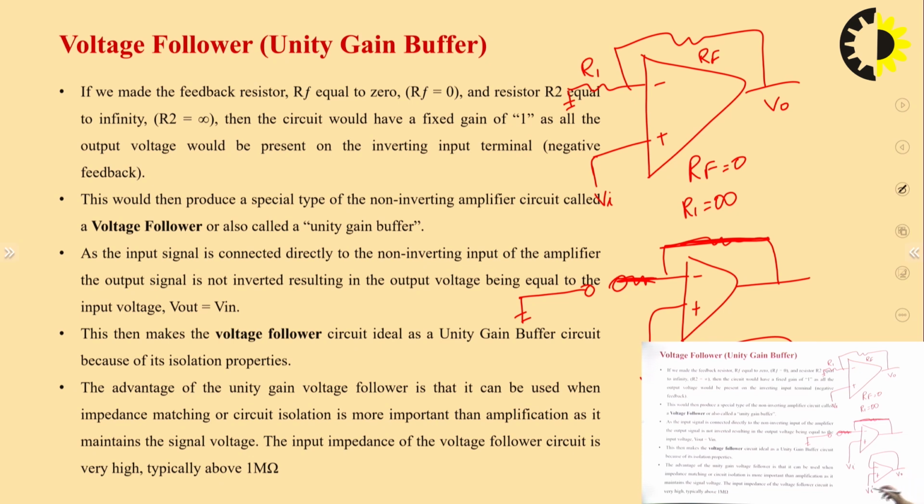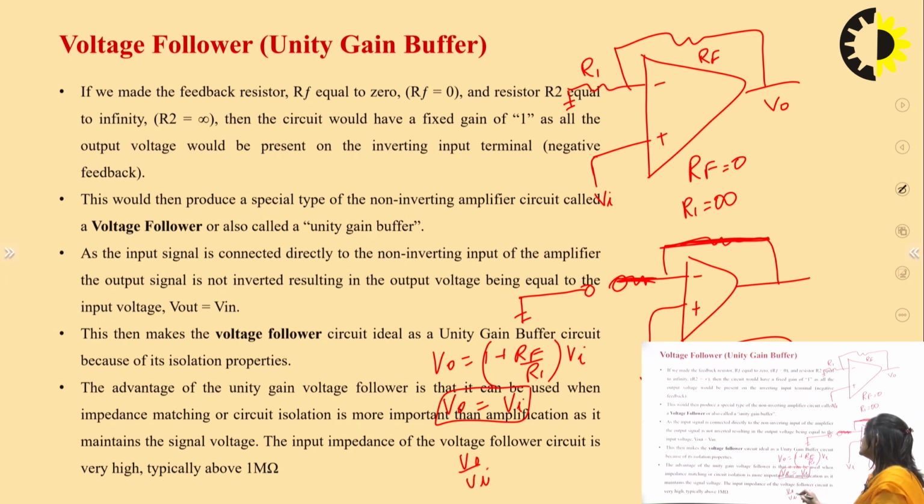Here, the output voltage in the case of the non-inverting amplifier is (1 plus RF upon R1) multiplied by Vi. So we put the value of RF as 0. So V0 would be equal to Vi, or we can say V0 upon Vi is equal to 1.